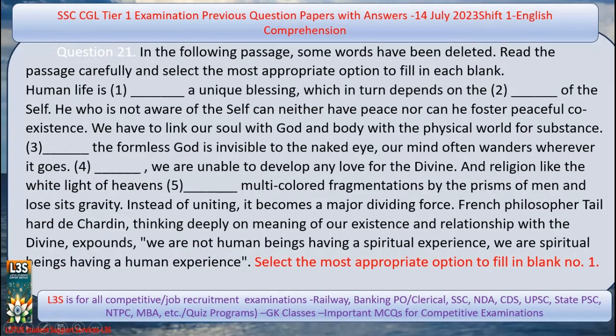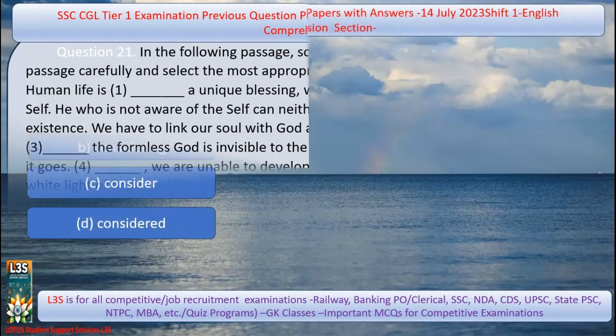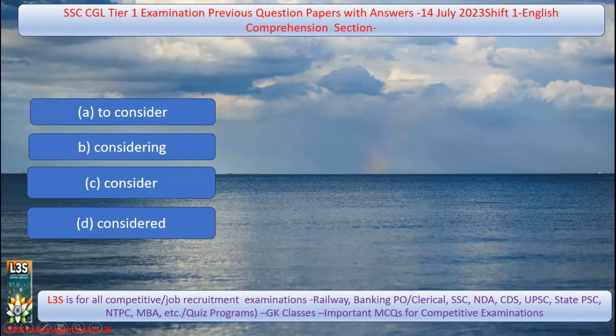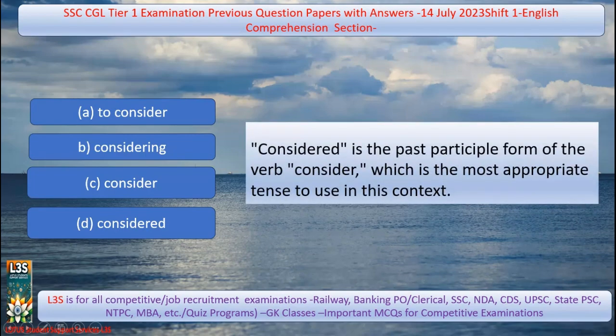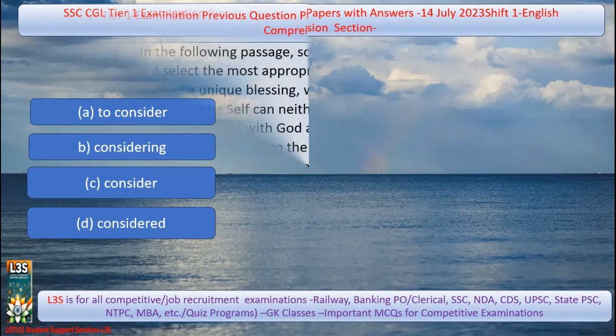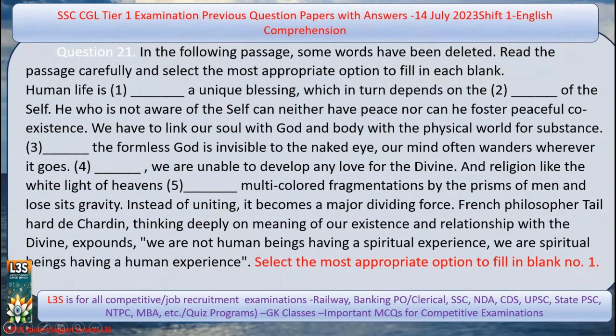So human life is: to consider, considering, consider, considered. Which one will be the correct? Here, considered is the past participle form of the verb consider, and it is the most appropriate form to use in this context. So the full sentence will be: human life is considered a unique blessing.